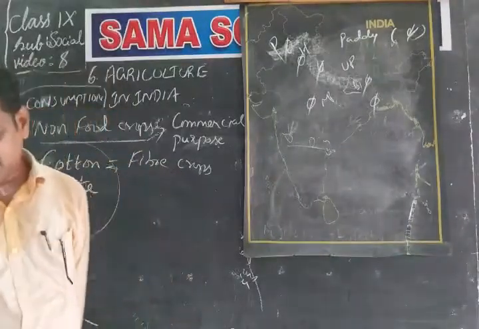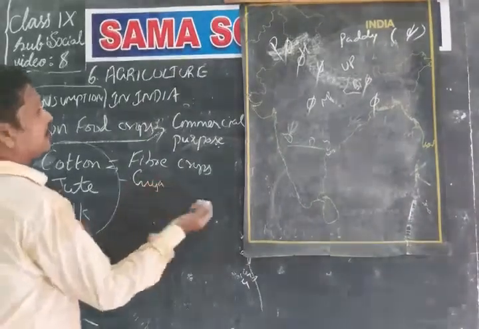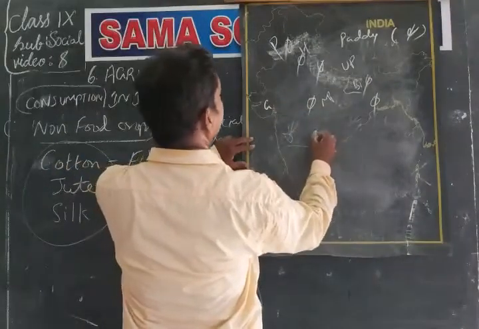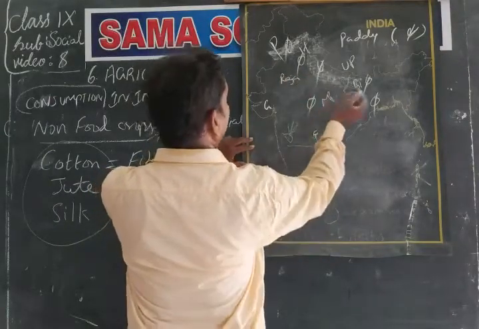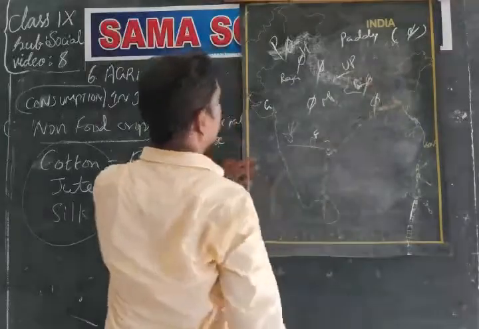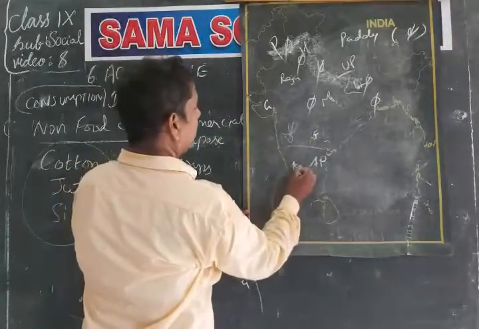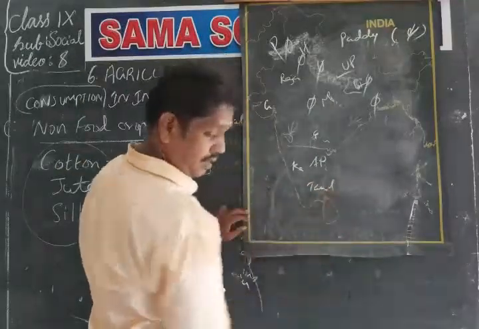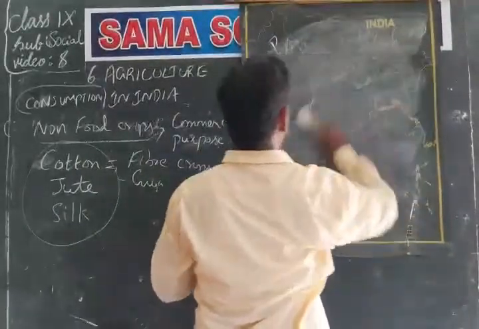For example, the areas Gujarat, Telangana, Rajasthan and Uttar Pradesh, Bihar, Andhra Pradesh, some areas of Karnataka and Tamil Nadu, all these areas are very famous for cotton crops. Okay, children.